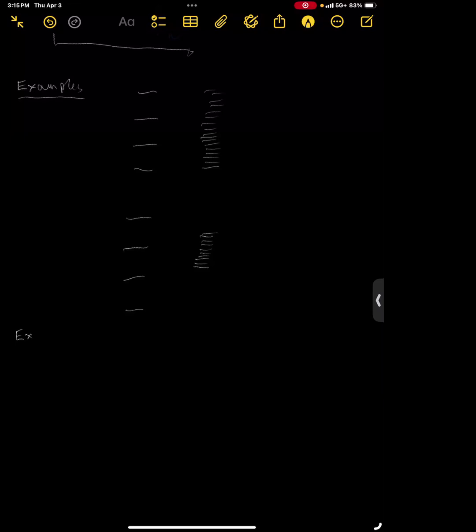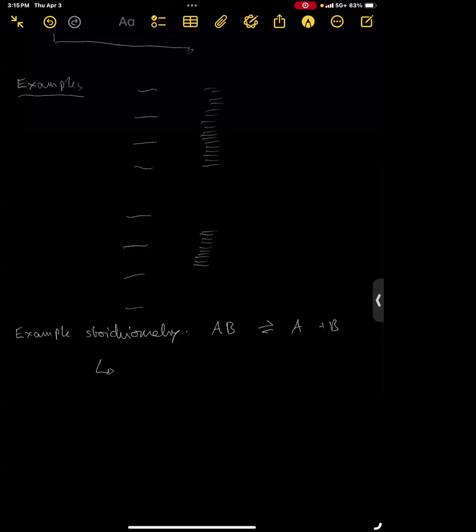So let's consider as an example the stoichiometry. In particular, consider a system of two components, A and B, that's in equilibrium with AB. In that case, you would have to take the product of the two partition functions of the individual parts.